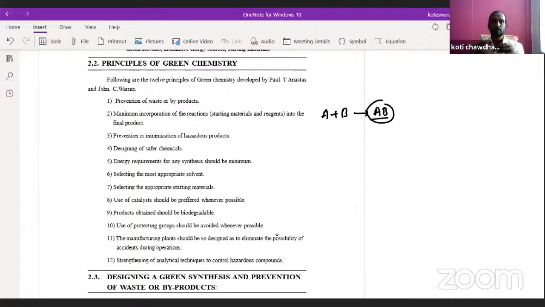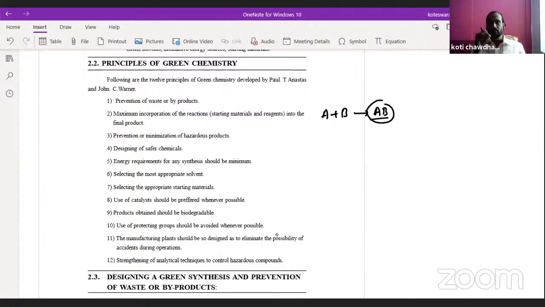Now the third one is prevention or minimization of hazardous products. In the first step, we decrease or eliminate the byproducts and also decrease the amount of waste and other products obtained along with the product.